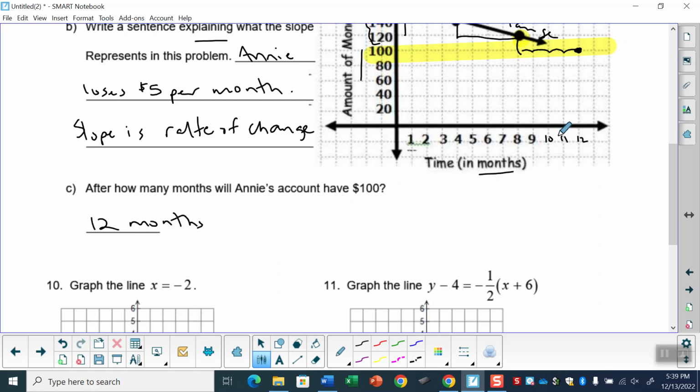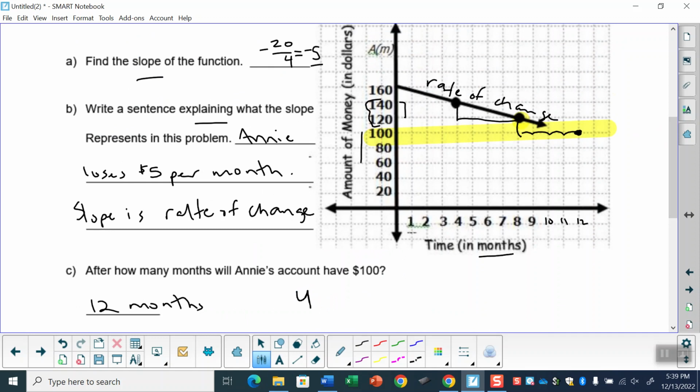Annie's account is going to have $100. And if I wanted to write an equation, I could say y, which is the amount of money, is equal to negative 5 times the number of months, x, plus, and then my y-intercept here is 160.